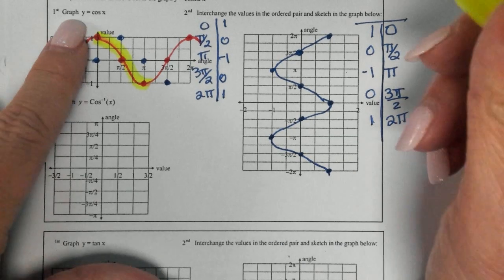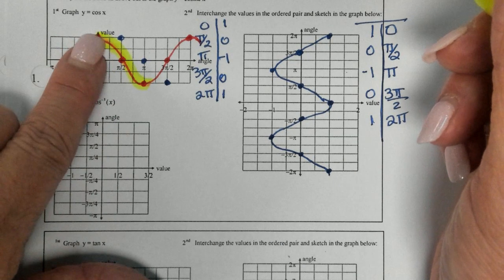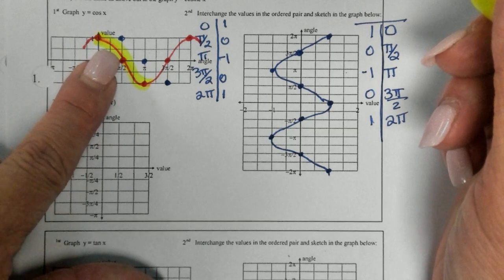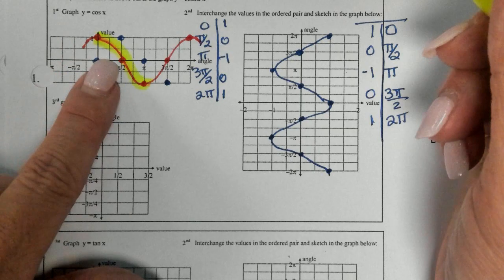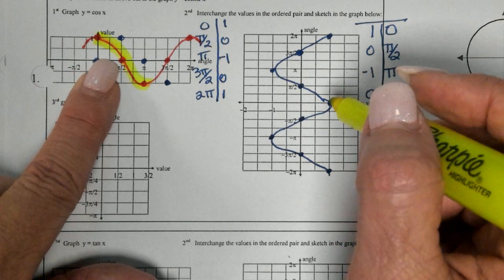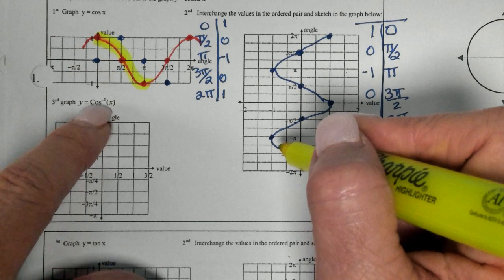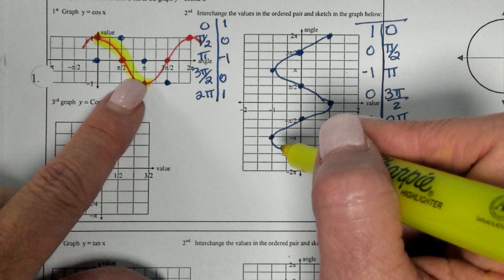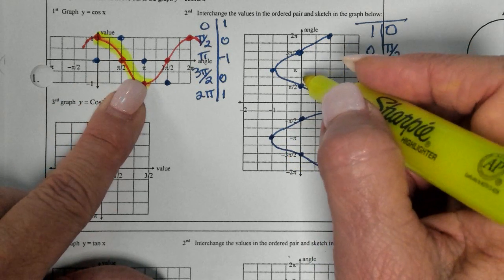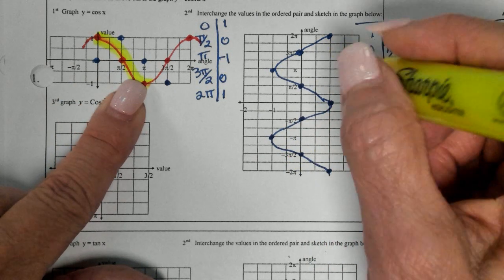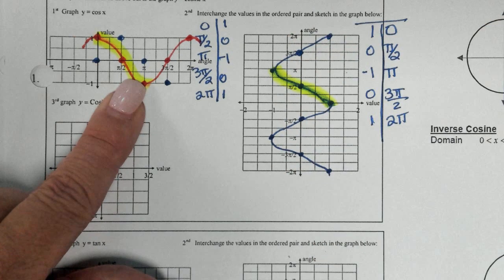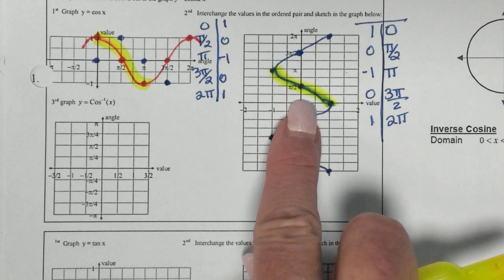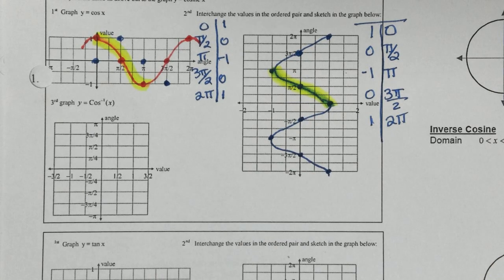But this portion right here is quadrant 1 and quadrant 2. And so we're going to go from 0 to pi. And that's where our restriction is going to be.